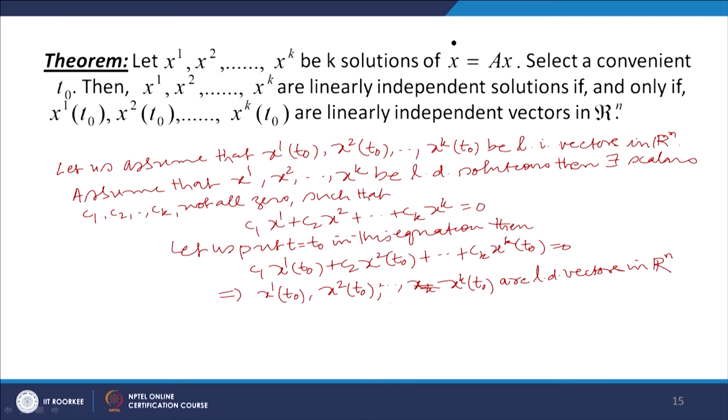So, which is a contradiction, because we have assumed that x1(t naught), x2(t naught), xk(t naught) are linearly independent. So, which is a contradiction.